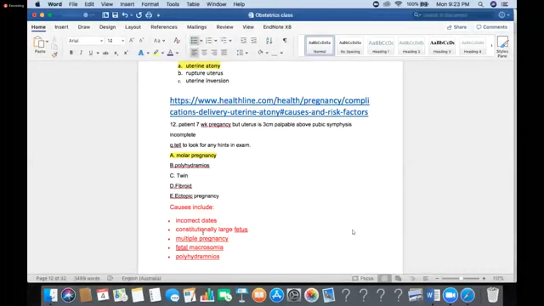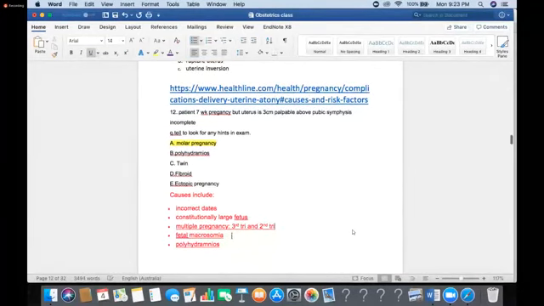So the causes here include incorrect dates, constitutionally large fetus, and multiple pregnancy. When multiple pregnancy is present, uterine enlargement can be seen only in the second and third trimesters. Does that make sense? Fetal macrosomia is also in the late trimesters, second or third.